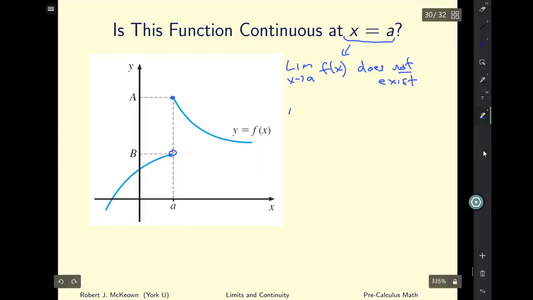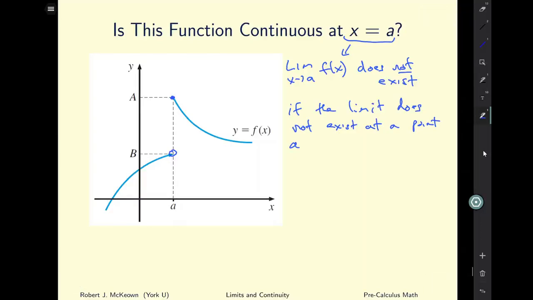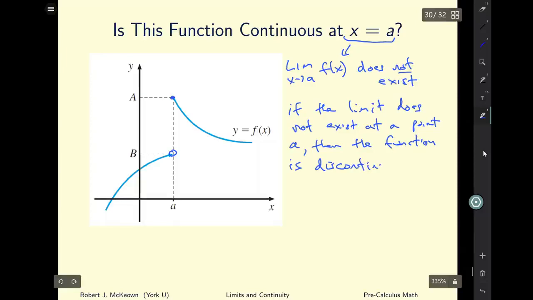And if the limit does not exist at a point, in this case at point A, or any point for that matter, then the function is discontinuous at point A.